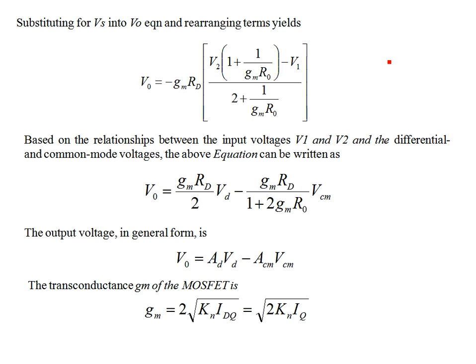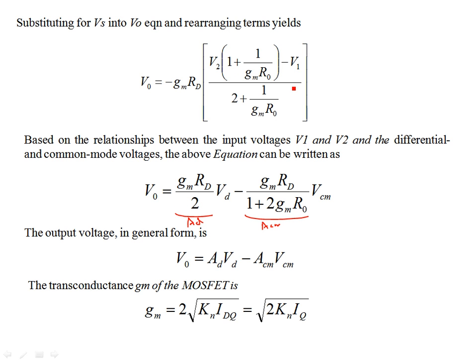And if you recall what we discussed in the last video, we had an output voltage in terms of your differential gain AD and the common mode gain ACM. AD was basically GM by 2 RD.